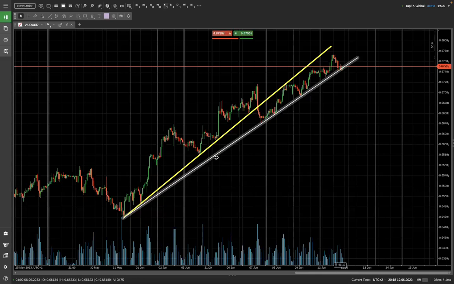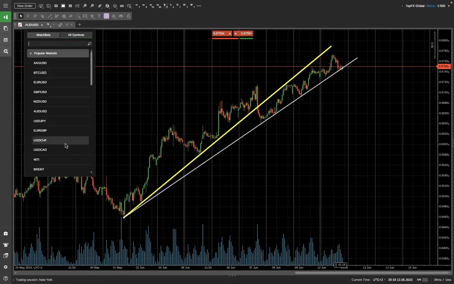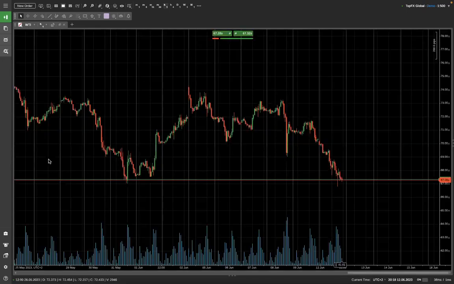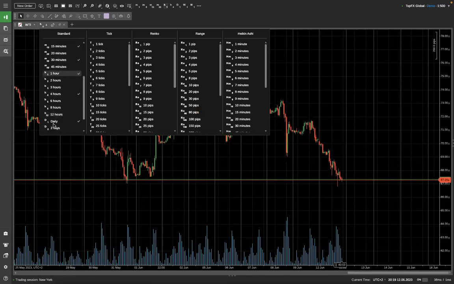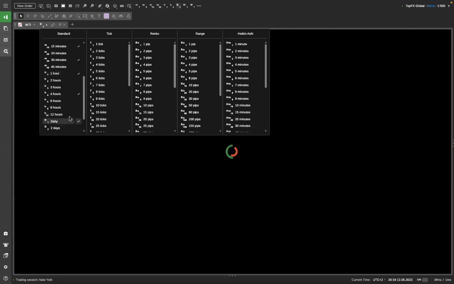So let me just find some market that is apparently in a downtrend, because we know it already, and see how it's behaving. Let's take a look, for example, at the daily time frame chart of crude oil, CFD.